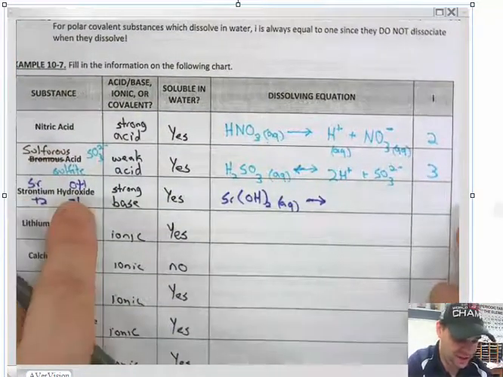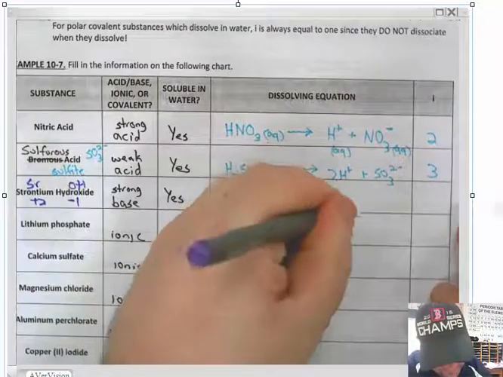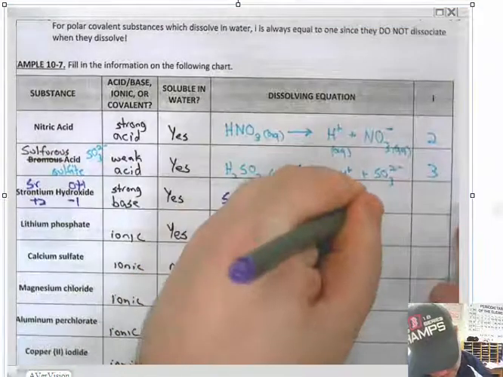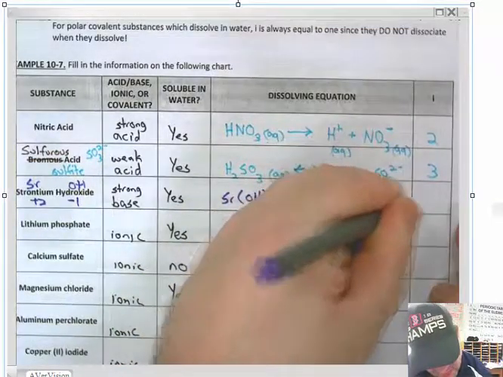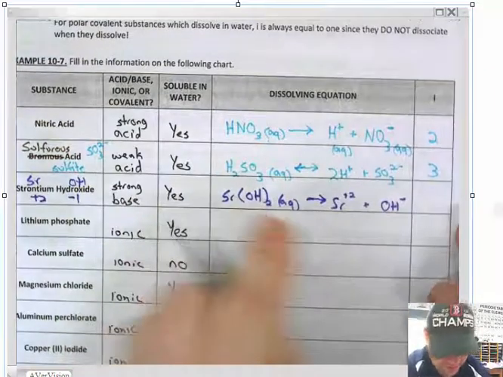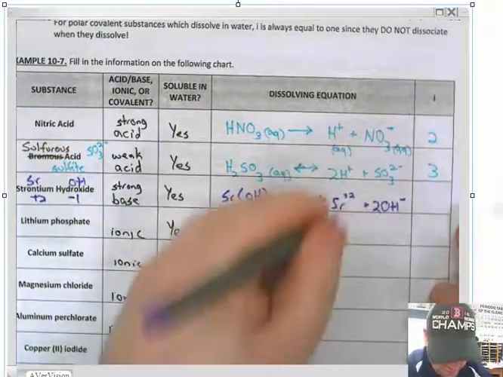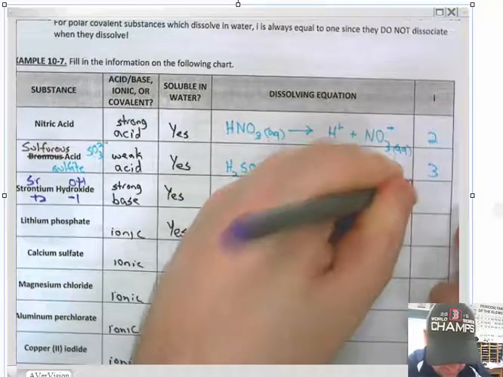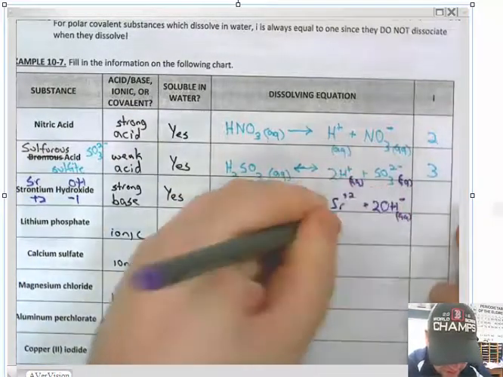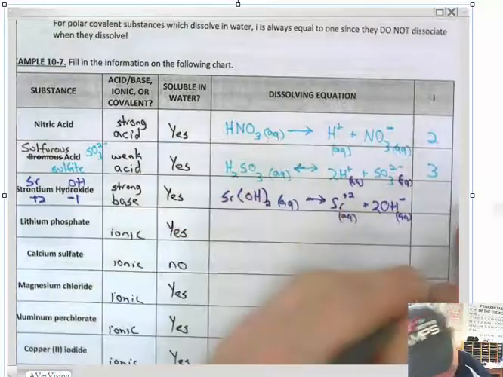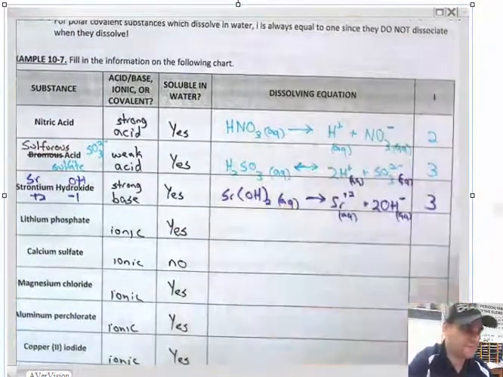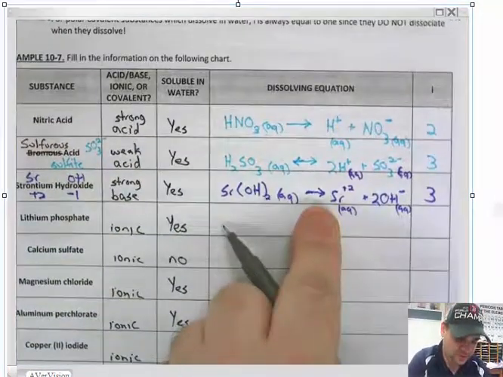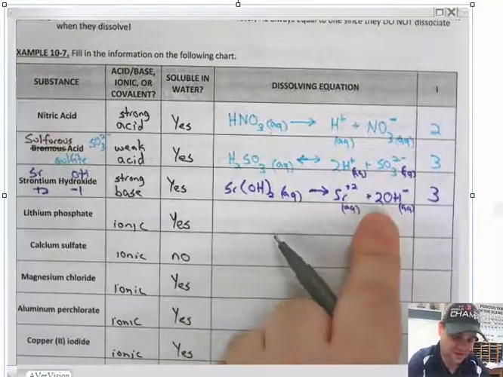Strontium and hydroxide. Strontium is plus 2, hydroxide is minus 1. There are 2 hydroxides, so I need to put a 2 out here. I gotta keep putting these aqueouses on my ions. I always forget those. Because all ions are aqueous. So this is 3 right there because it's 1 from the coefficient here and 2 there, so that is 3.